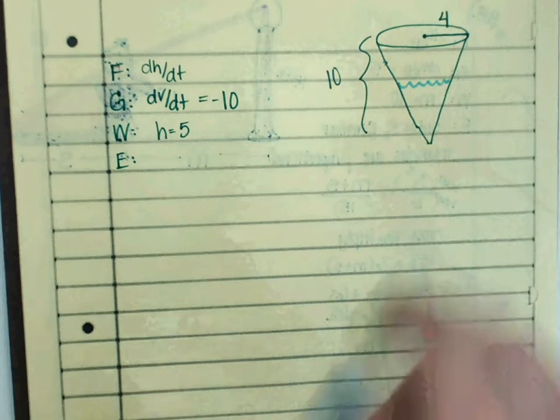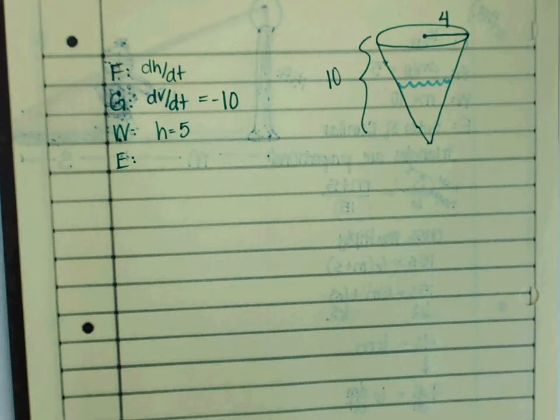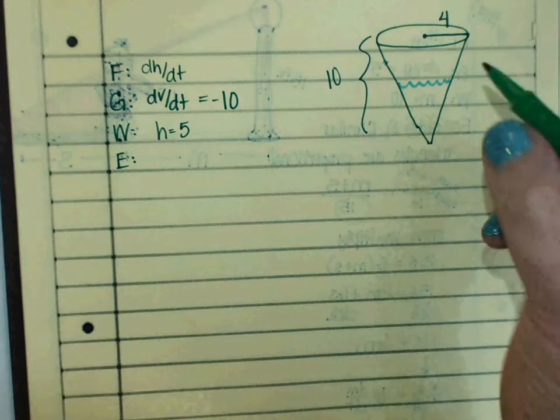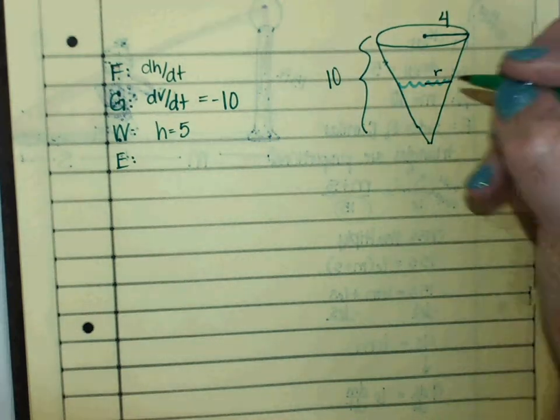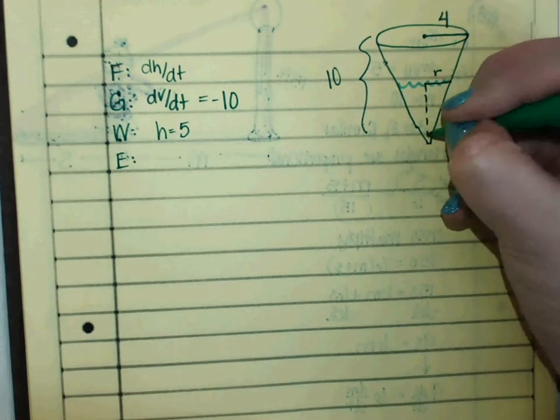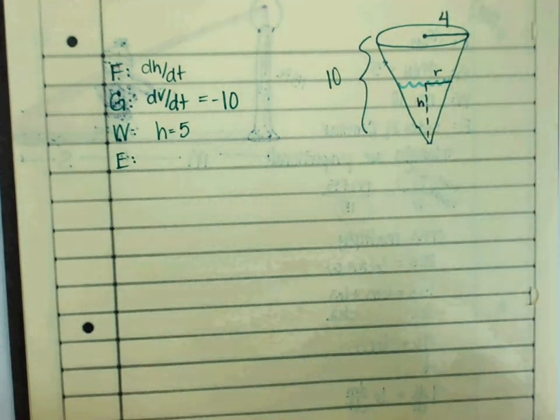No. What happens to the cone as you drip down, down, down? The radius is shrinking. What else is shrinking? The height. So I need to apply letters here for the radius of the water, and then here for the height of the water. The container is not changing size at all, but the water in the container is.